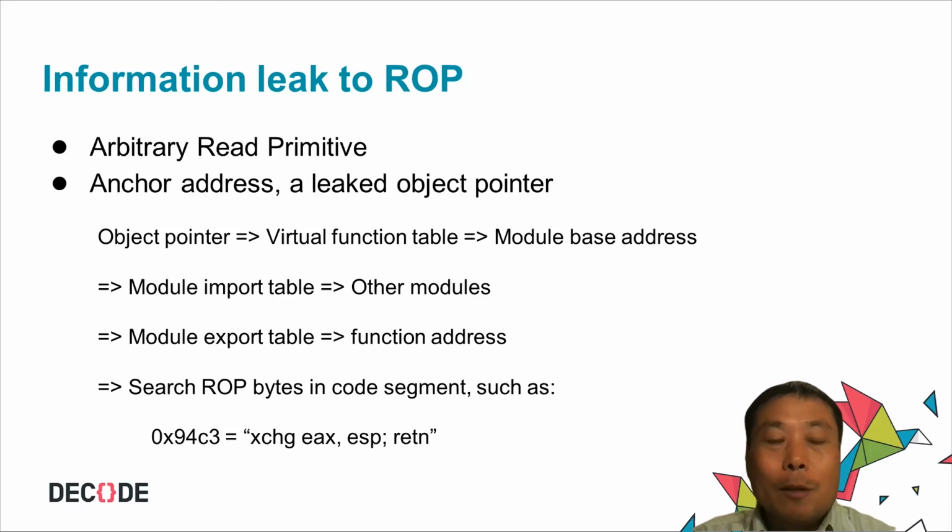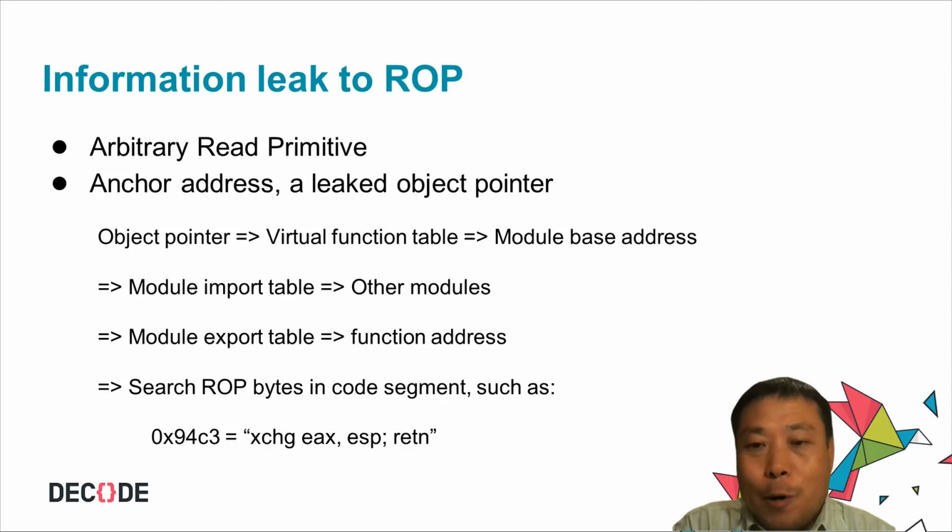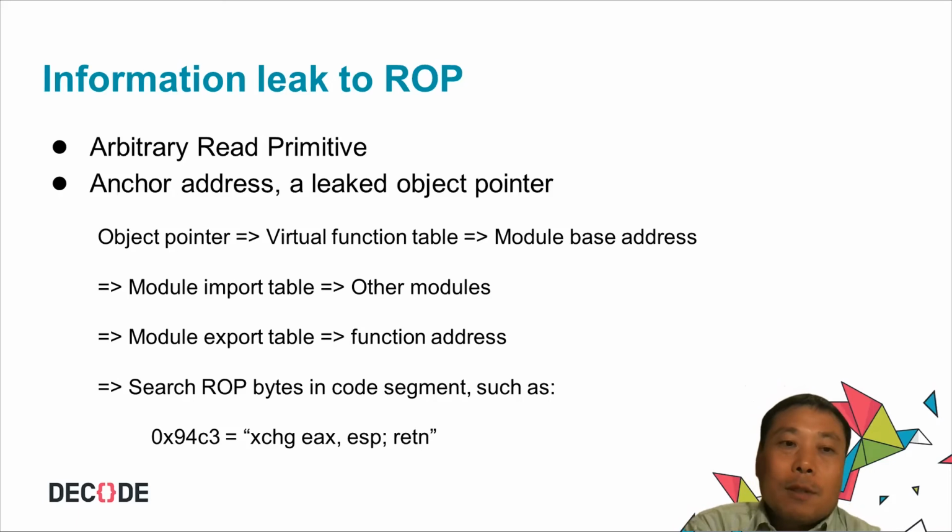So how can we go from an information leak to ROP? We'll need an arbitrary read primitive, so we can read anywhere in memory. With any address, we can read the content. We will need this kind of ability.